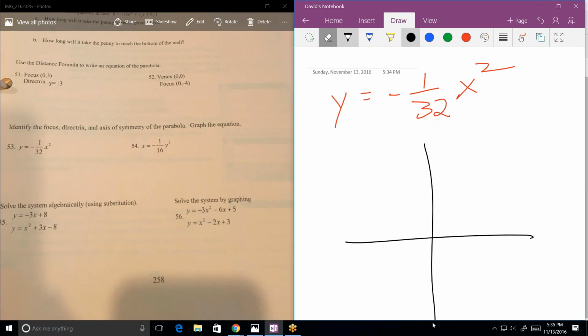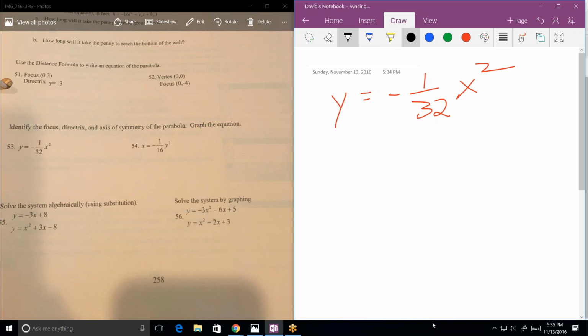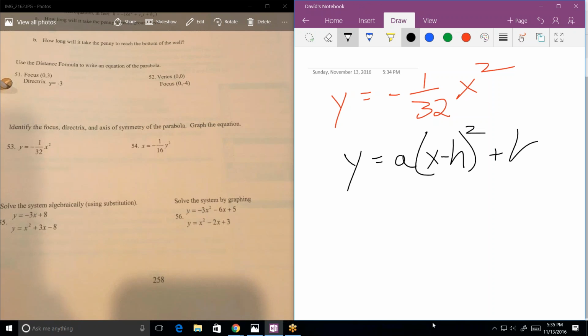Remember what your standard equation in vertex form is. A times x minus h, and so on. With this equation, what are h and k?